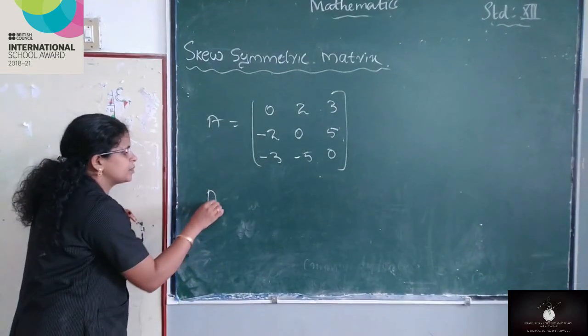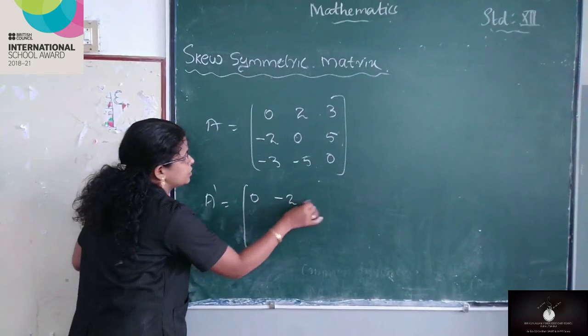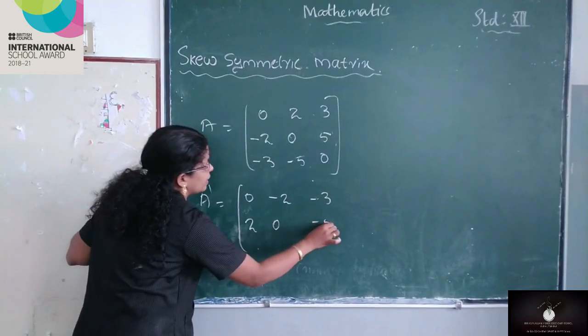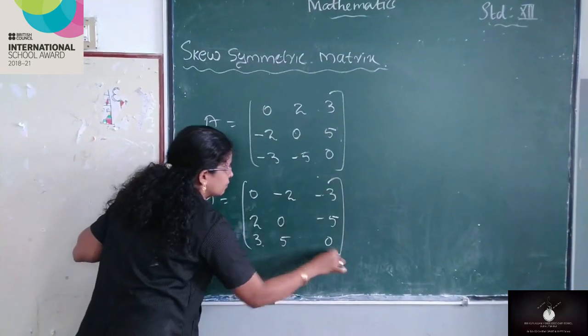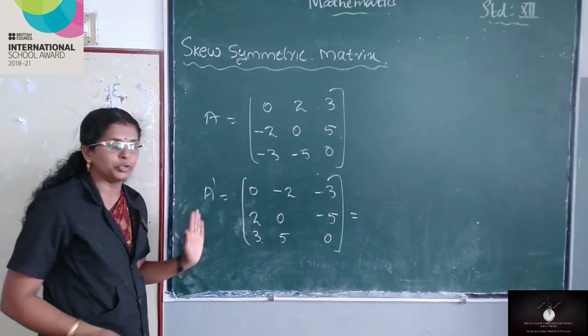Okay. Then A transpose equal to matrix 0, minus 2, minus 3, then 2, 0, minus 5, then 3, 5, 0. Okay, which is equal to, from this matrix you can take negative outside.